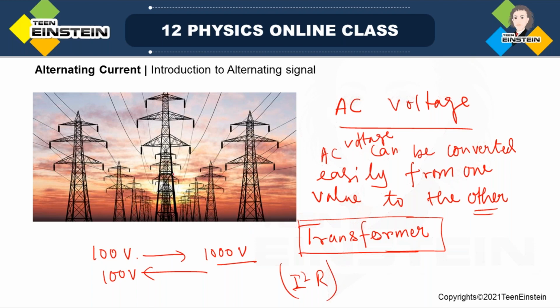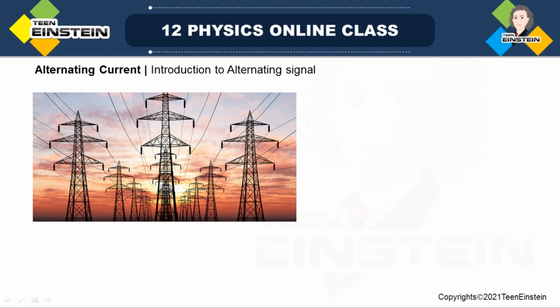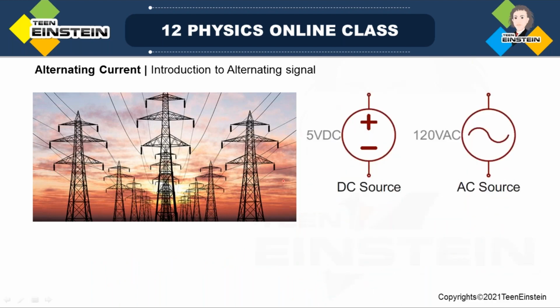So economically, power can be transmitted from one place to another place, 1,000 miles away maybe. So this is done by AC only.